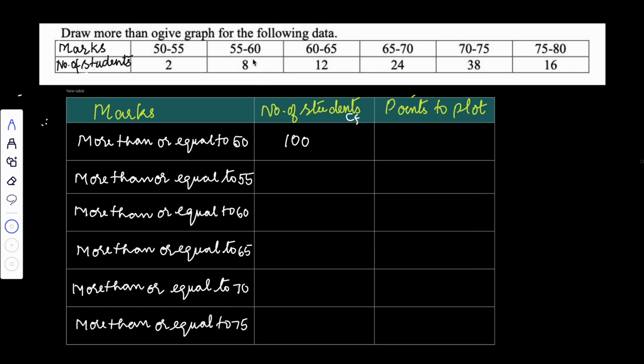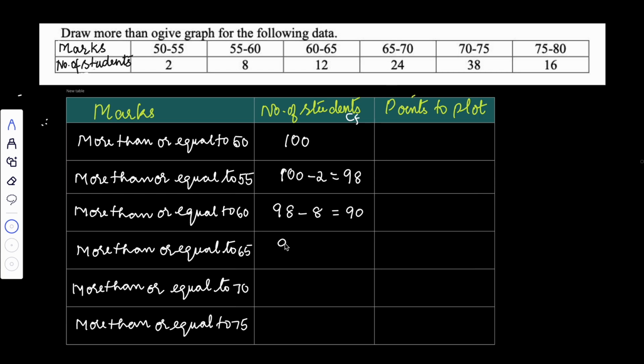Now for more than or equal to 55, these two students are not included. So it is 100 minus 2, we are getting 98. Now for more than or equal to 60, these 10 students are not included. Already 2 is subtracted, so I'll subtract 8 from 98, and we get 90.